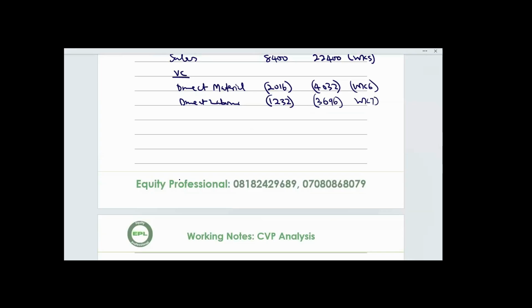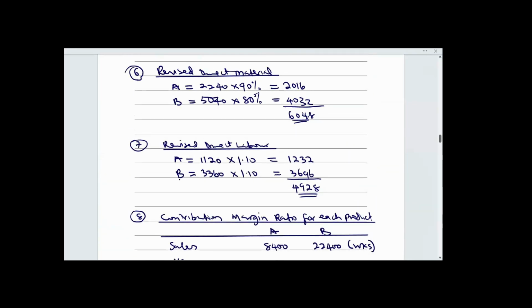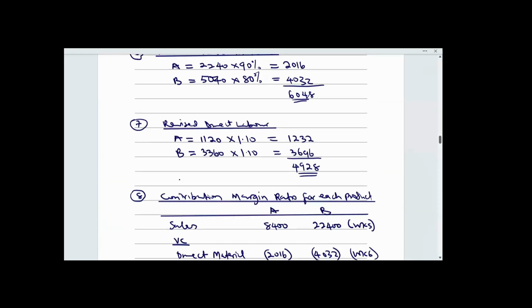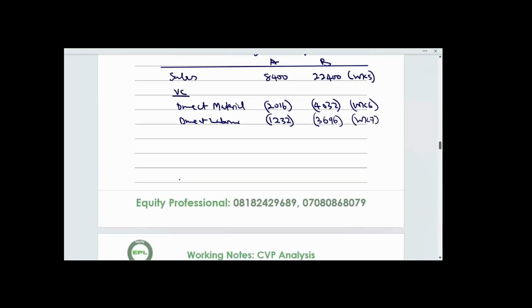Working number 7. Then, of course, direct expenses still remain the same. The examiner did not give us any information on that, which means there's no change on direct expenses. 1120 and 2240. Let me confirm that: direct expense, yes, 2240.